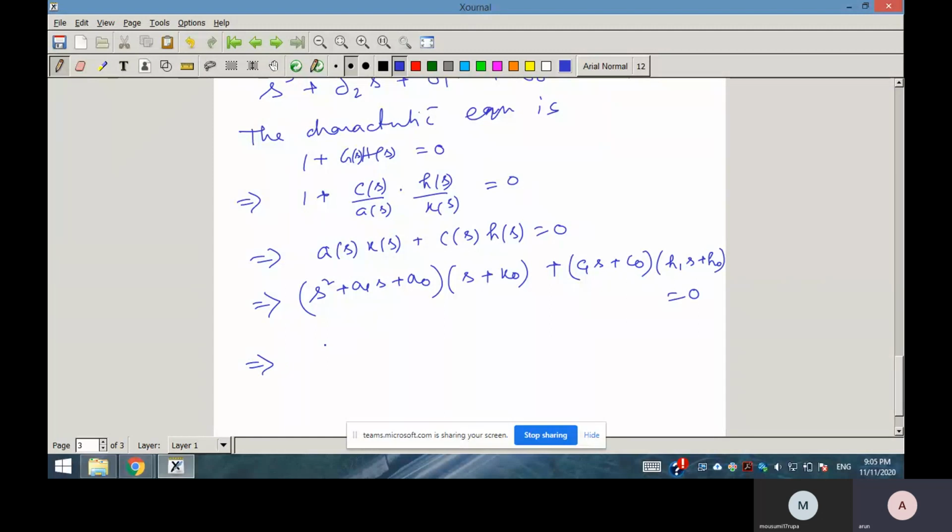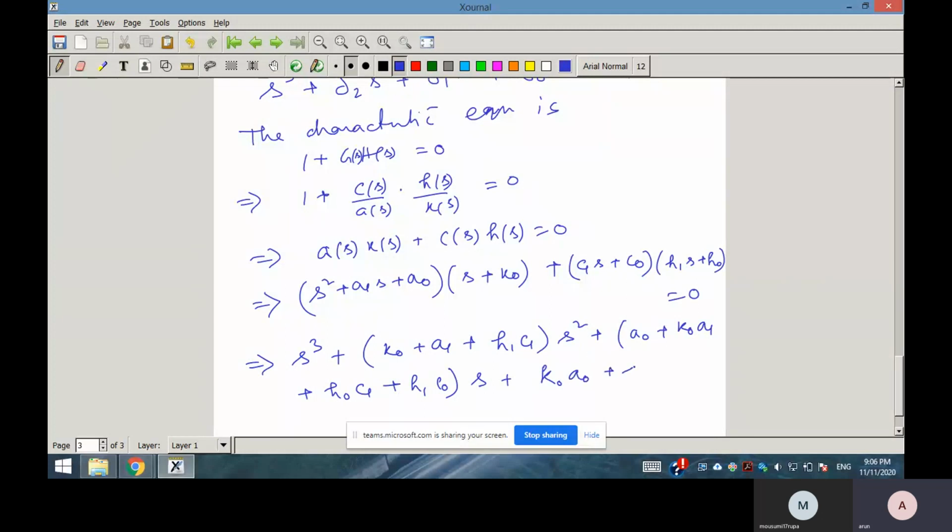If you simplify, it will come out like this: s cube plus (k naught plus a1, please check it, plus h1 c1) into s square plus (a naught plus k naught a1 plus h naught c1 plus h1 c naught) into s plus (k naught a naught plus h naught c naught).